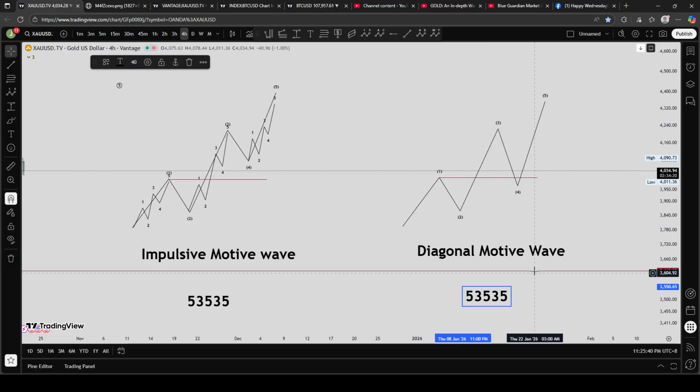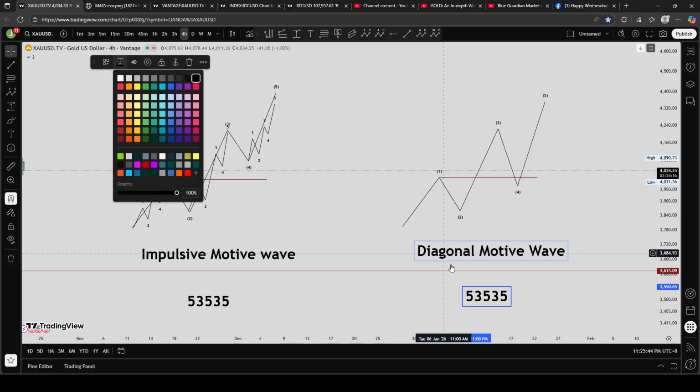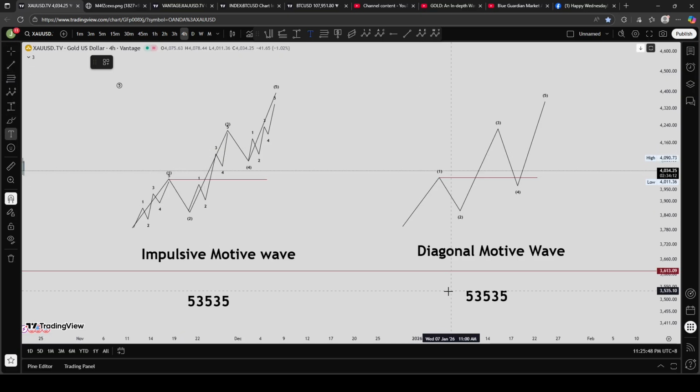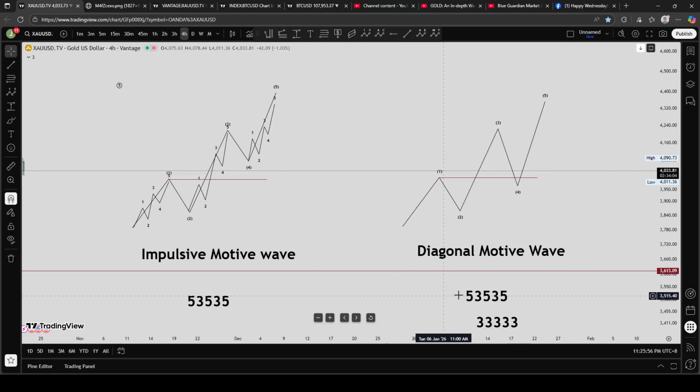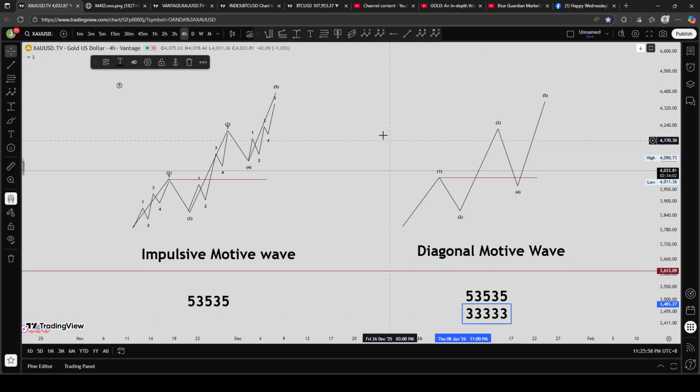Aside from the regular 5-3-5-3-5 structure, you can also use a 3-3-3 structure: 5 sets of 3 waves, or 5 sets of ABCs.